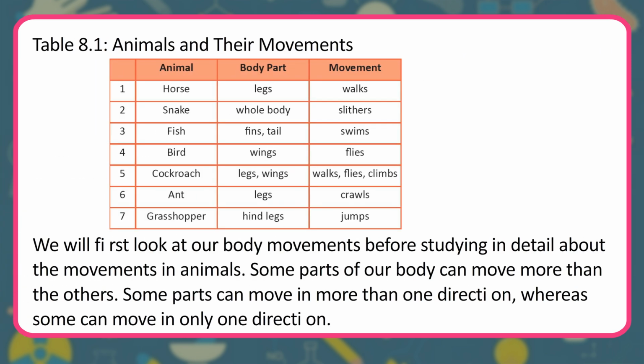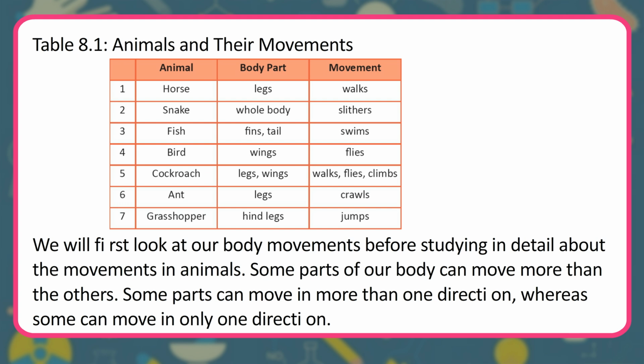Table 8.1 Animals and their movements. Animal, body part, movement. 1. Horse, legs, walks. 2. Snake, whole body, slithers. 3. Fish, fins, tail, swims. 4.